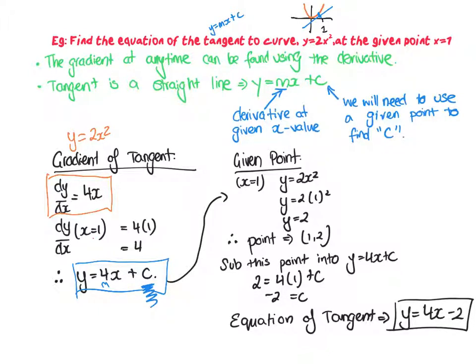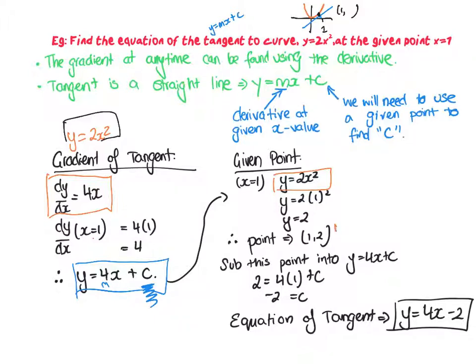Because they said we want to know at x equals 1, and we need a point, well, we can use the same point. We know x equals 1. To get the y value, we just put 1 into this original formula. So I've put x equals 1 into that original curve, and we find out that y would equal 2 if x equals 1.